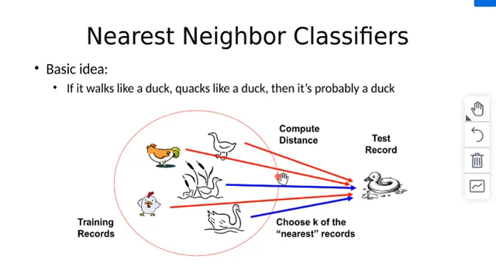In data mining or machine learning, whenever we say distance, it is nothing but how close the attributes are. We take the test record, compute the distance to each training record, and choose the k nearest records.